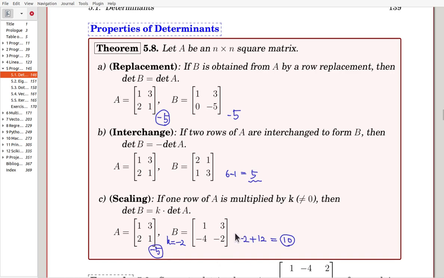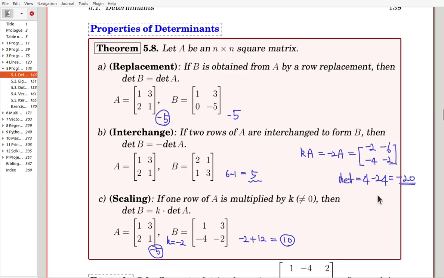Now you have to be a little bit careful when k is multiplied to the whole matrix. For example, k is -2, then there will be -2A. For the A we are dealing with, -2 is multiplied, then -2, -6, and then -4, -2, so that the determinant of the matrix is AD minus BC, 4 minus 24, which is now -20.